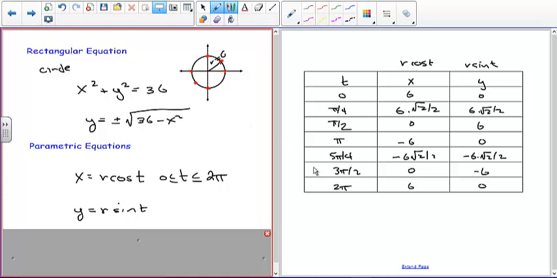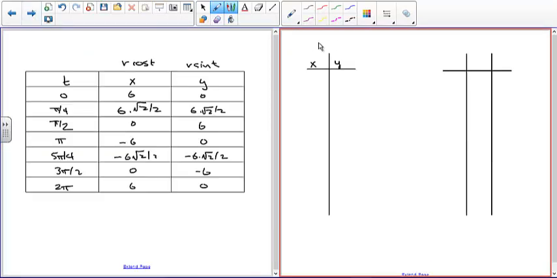And so then I could pick values of x. So if I go over here with that equation, y equals plus or minus the square root of 36 minus x squared. The plus part's going to be the top half. The negative part's the bottom half.